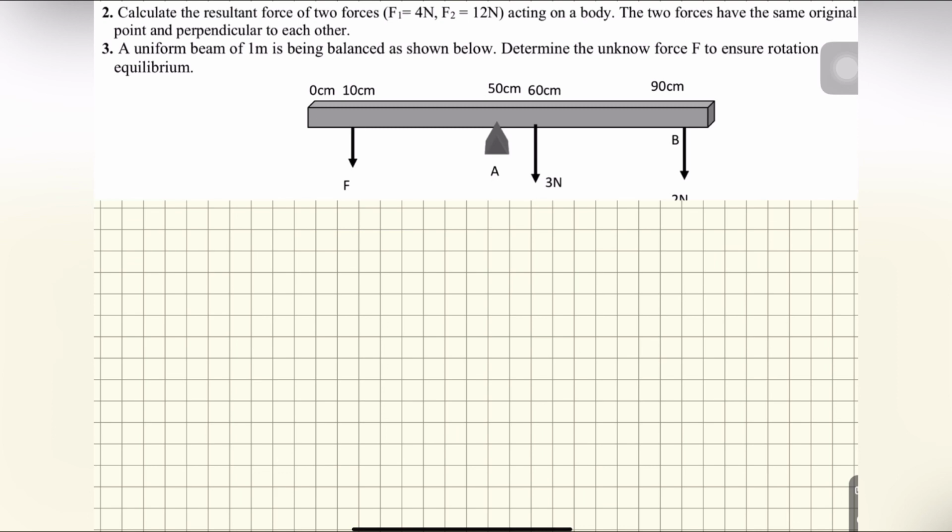Okay, so we started with number 2. We're gonna calculate the resultant force of two forces.